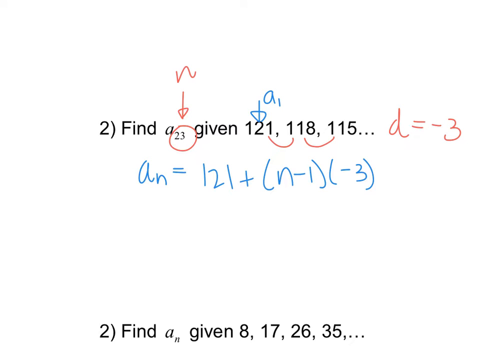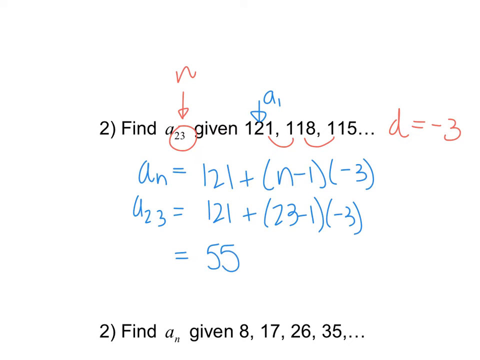Okay, and then we are finding the 23rd term, and then from here you just do the math and you should get 55. Okay, and I know I wrote it on the notes yesterday, but just in case you didn't see it, this arithmetic sequence is the first formula you need to memorize.